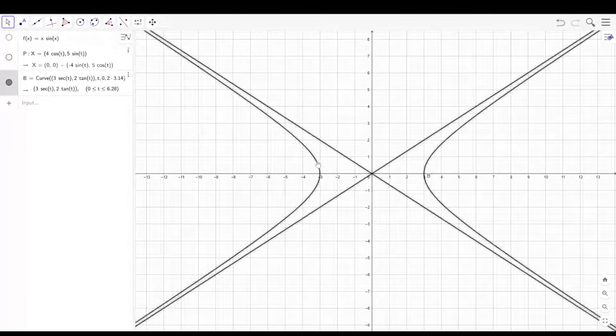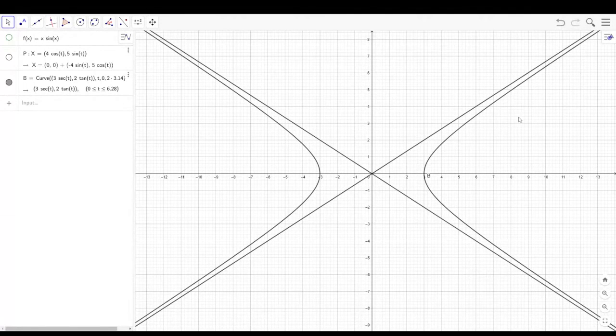So you can see here, we've got this hyperbola going down here, going down here. Don't worry about these straight lines. They're just for guidance, I think. So we have some idea from GeoGebra that this might be what's known as a hyperbola. But let's see what we can do algebraically, okay?